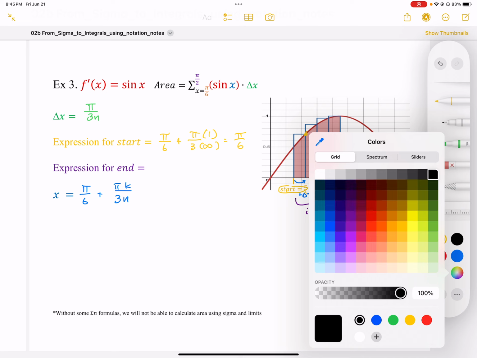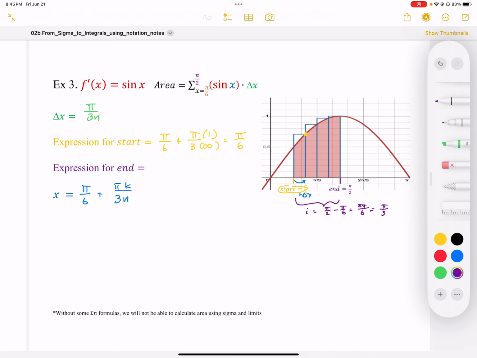My expression for my end point, again, I'm going to start at pi over 6. I'm going to add pi times k over 3n. But my end point is going to be when k is the last term, which in this case is going to infinity when n is infinity.